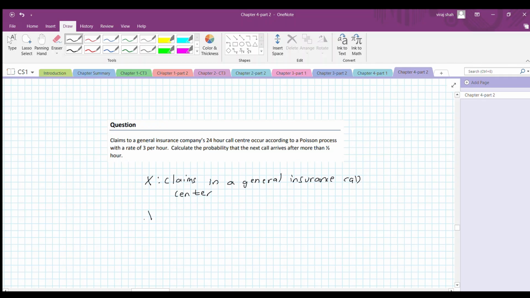X follows Poisson with parameter of 3 per hour.